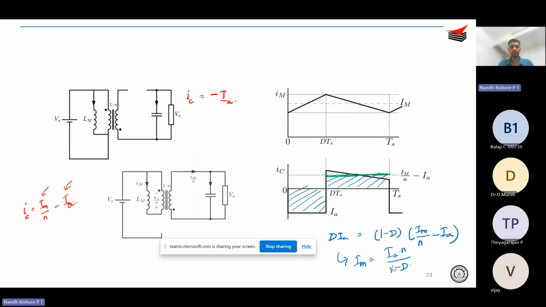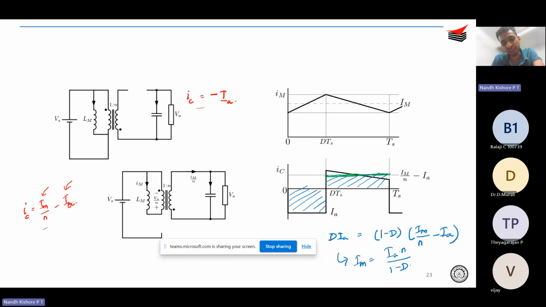That is, during the DTS period, you see what is IC. During the 1 minus D period, what is IC? Correct? Draw the IC graph, and you obviously understand that during the DTS period, the capacitor is discharging to the load, therefore the current is negative. And during the 1 minus D period, the capacitor is charging, therefore the current is positive.